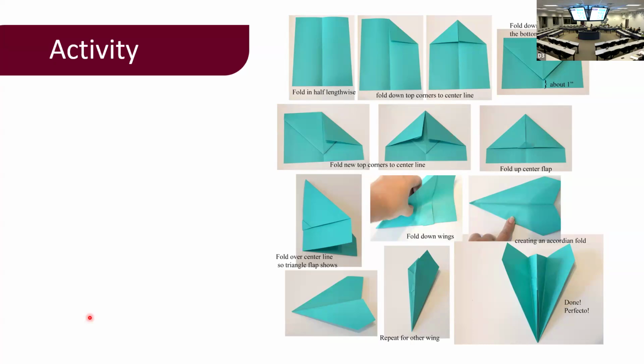I want you to create a paper airplane, following these instructions, and then we'll put to the test which is the best airplane, and how they fly. So take a minute and let's just do some origami to understand science.